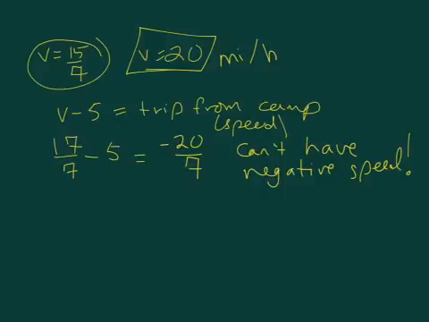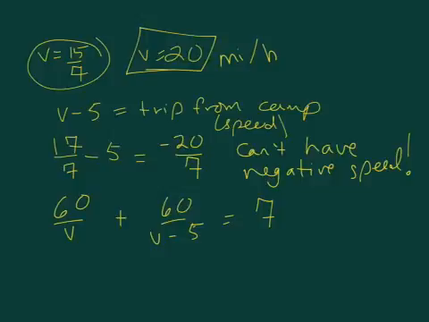So we know our original equation was 60 over v plus 60 over v minus 5 equals 7. Where 60 over v, that was our time, that tells you the time it takes the driver to get to the camp. 60 over v minus 5 tells you the time it takes the driver to get from the camp. 7 is the total hours.